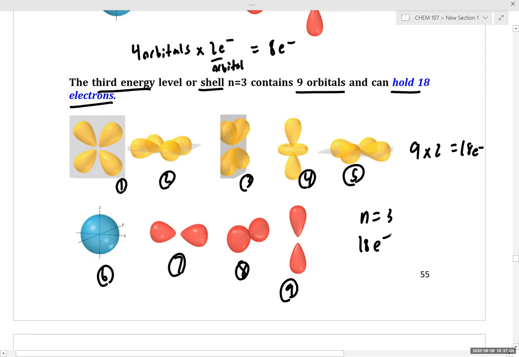So is everyone comfortable with the number of electrons in a shell, the maximum number of electrons in a row of the periodic table? Is everyone comfortable with that idea? Any questions?